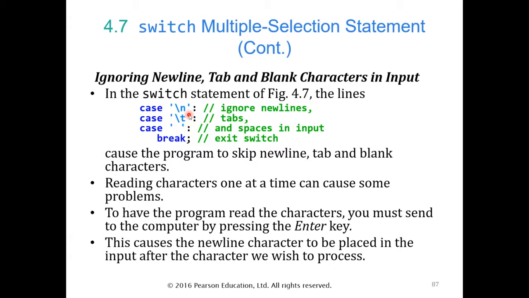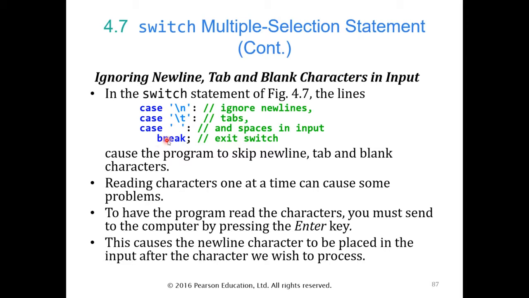Now, because these do not correspond to any grades, and these are also not things that you would want to put in the default case where you are telling the user, well, the enter key is wrong, you should not use the enter key, that's why you want the program to do nothing when these keys are pressed.